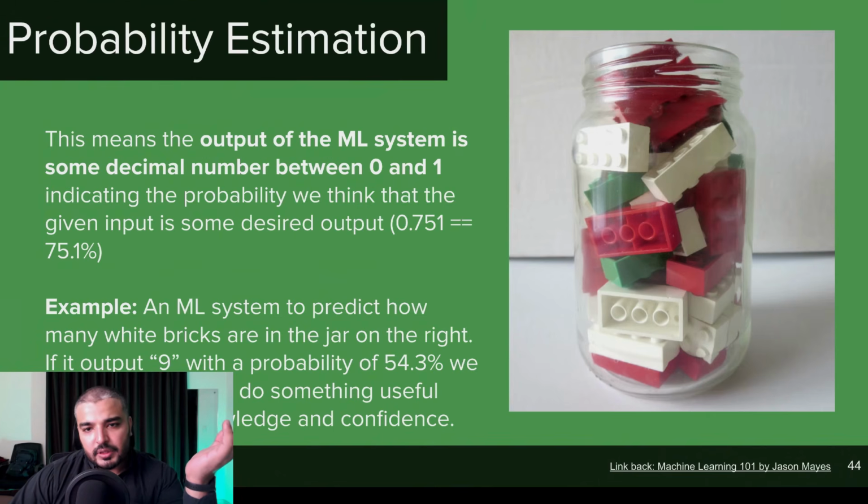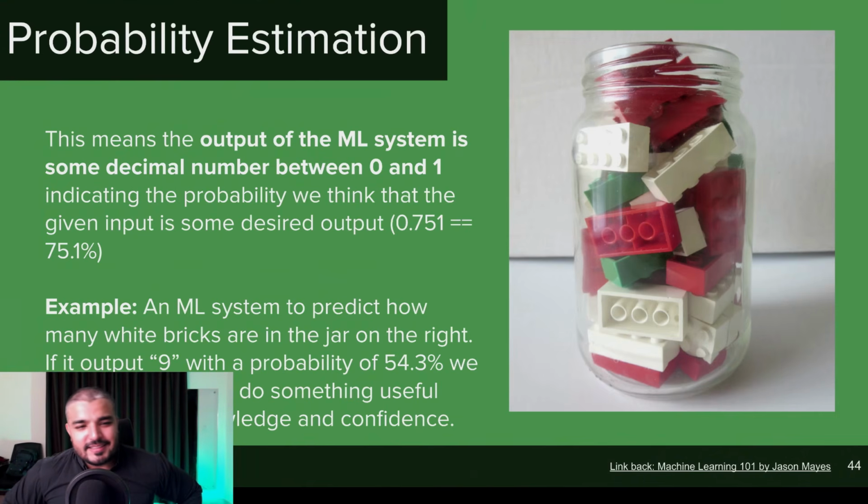Then we have probability estimations. In this particular example, it's about how probable the occurrence of a particular event is. I know a lot of people scream whenever they hear the word probability. But unfortunately, probability is a huge part of machine learning and natural language processing.